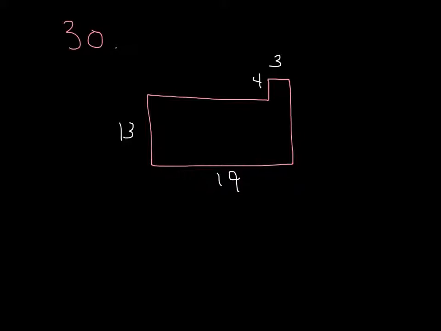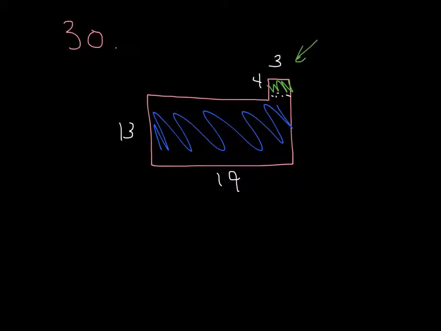Well, cut these guys into 2 individual squares so that we have the area of this guy plus the area of this guy. So the area of this guy is 4 times 3, which is 12, right?